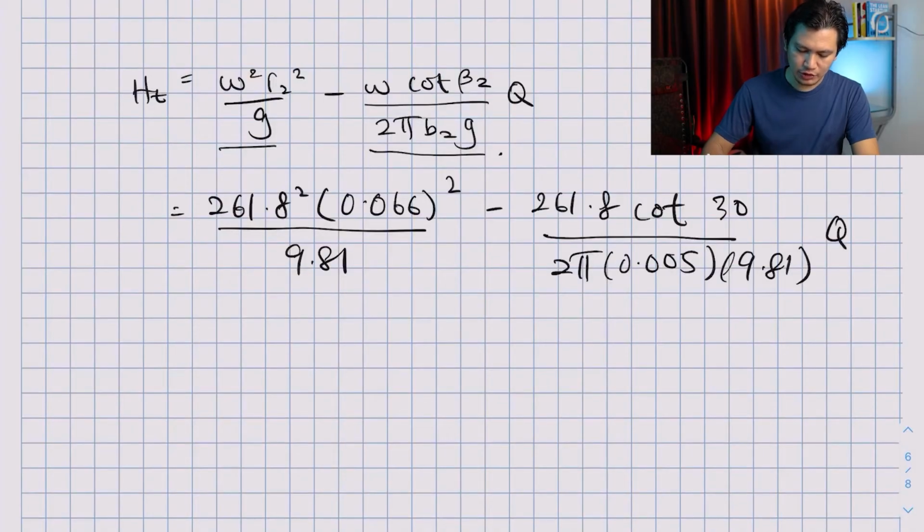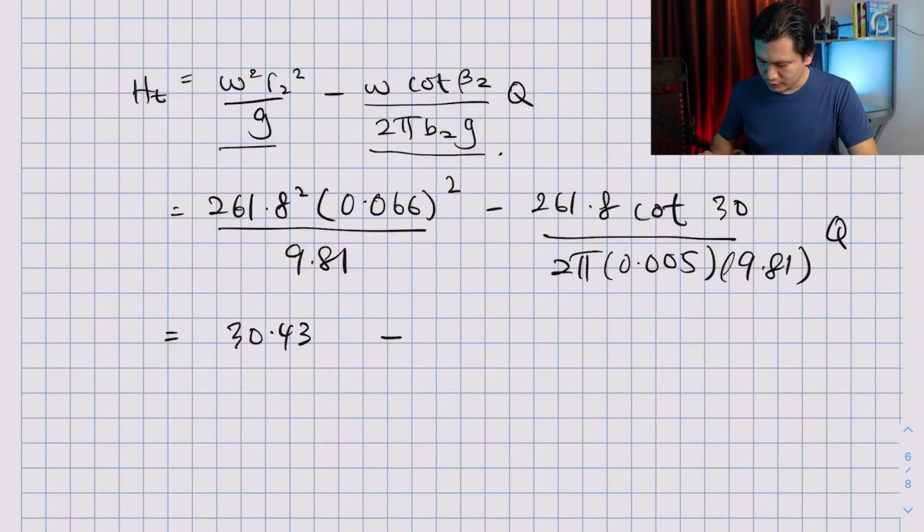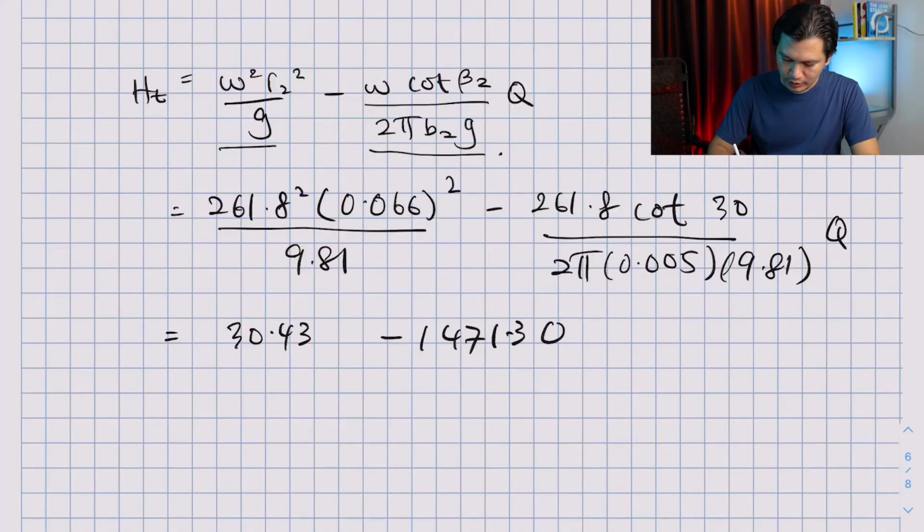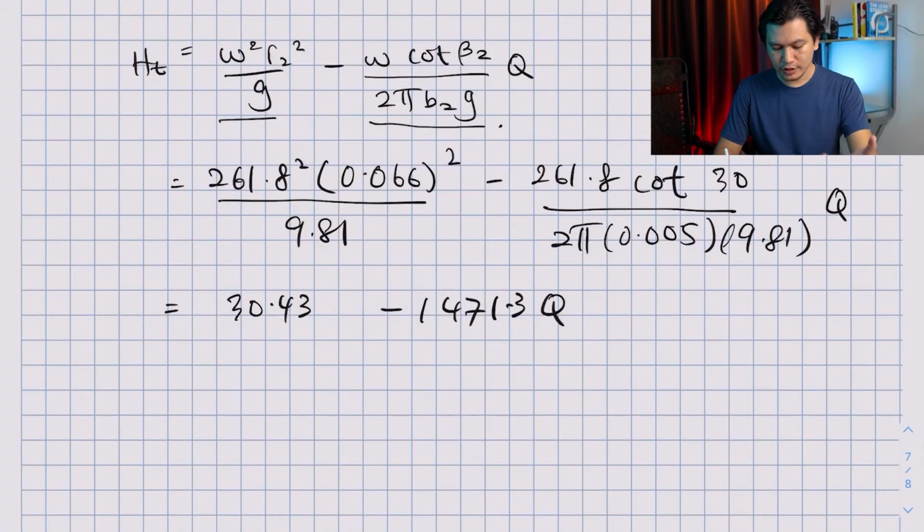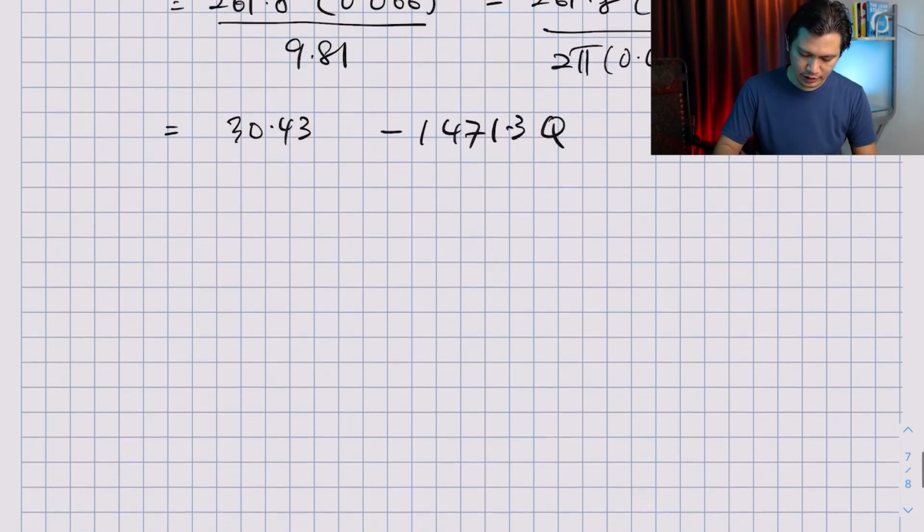This is Q. Okay, let's solve this. This is 1471.3 Q. Okay, and what you need to do now is just to plot the graph of HT versus Q.